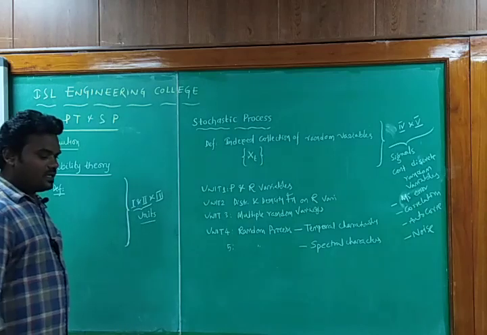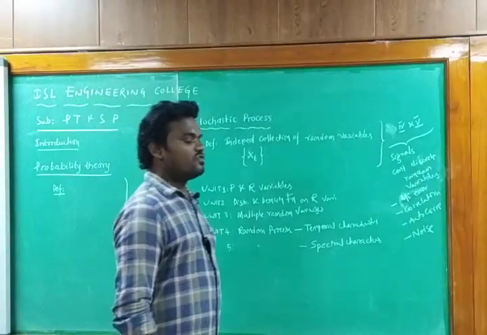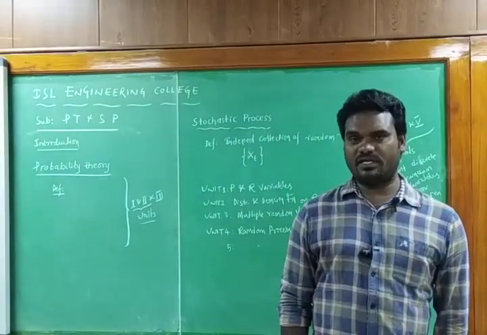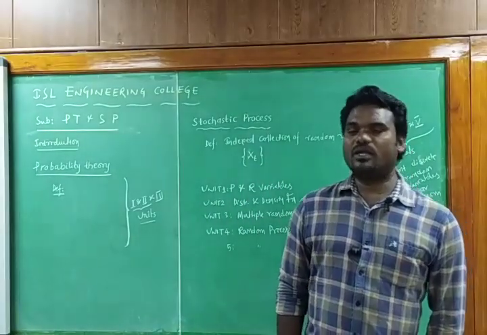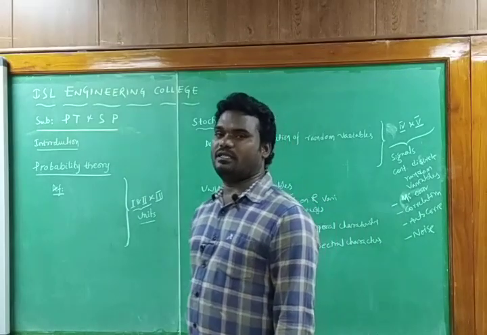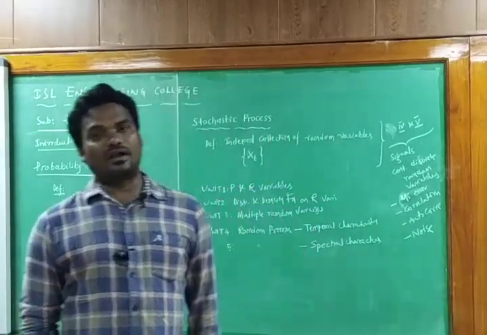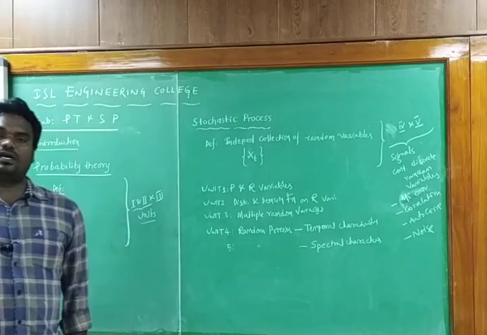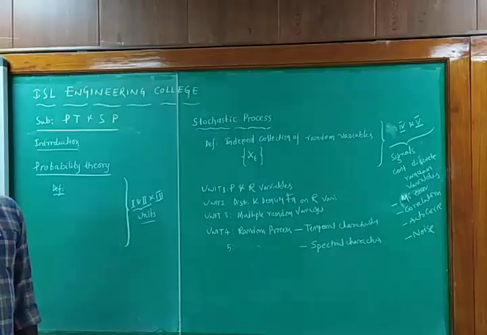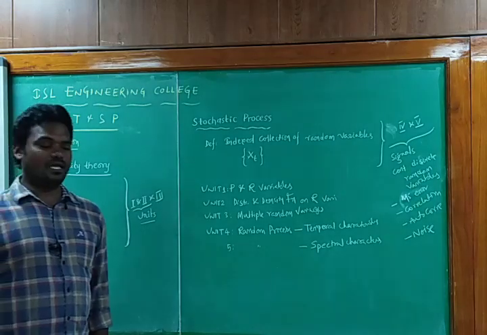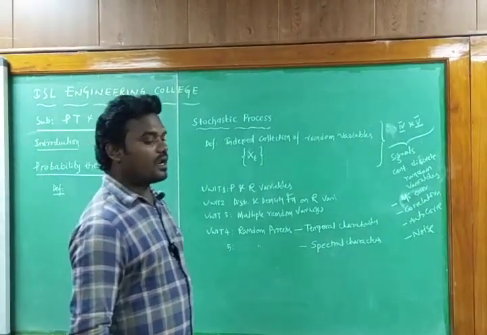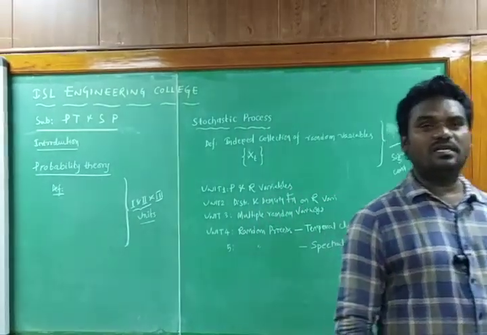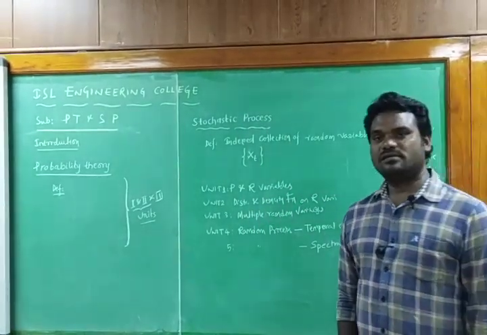Probability theory is one branch of mathematics, or we can call it a modern mathematics, which is in relation with other mathematics like algebra, topology and some analysis.